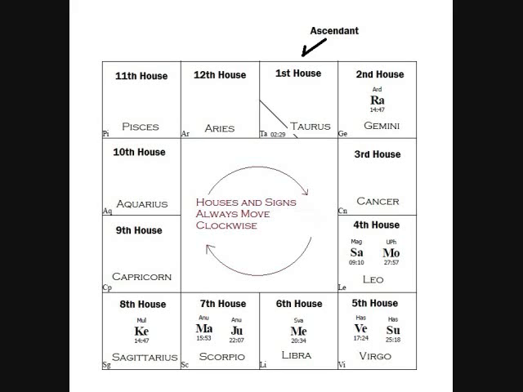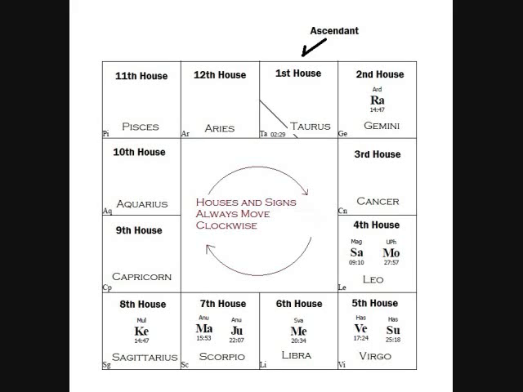Now the thing that moves with this chart is the houses and the ascendant. So you'll see there's a little arrow pointing to the first house, and above it says Ascendant. So this indicates for this particular chart that the first house is Taurus. So the rising sign is Taurus.